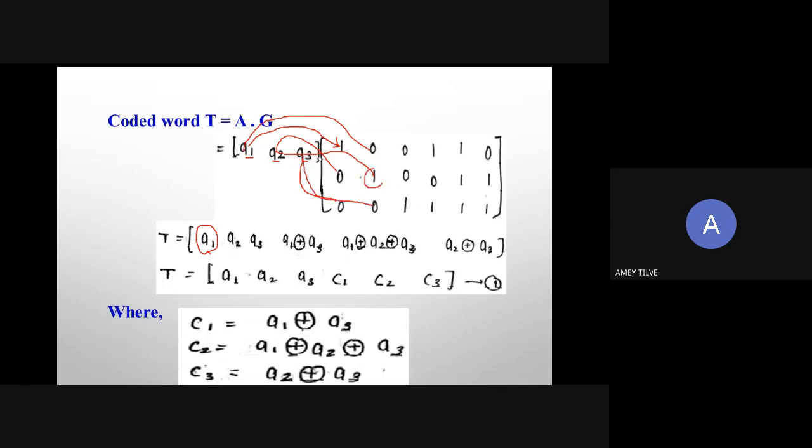So only A2 is remaining. Similarly, I will multiply A1 with 0, A2 with 0 and A3 with 1. So I've got A1, A2, A3. Clear?